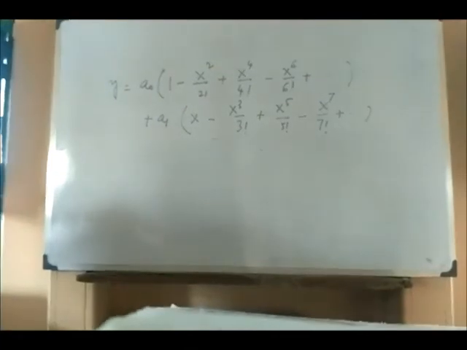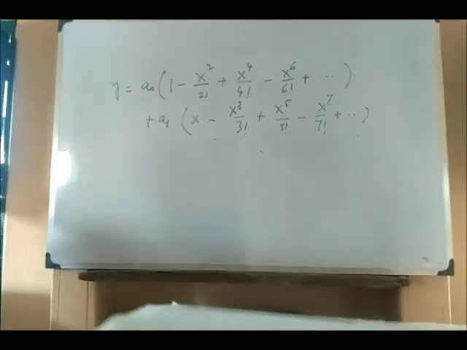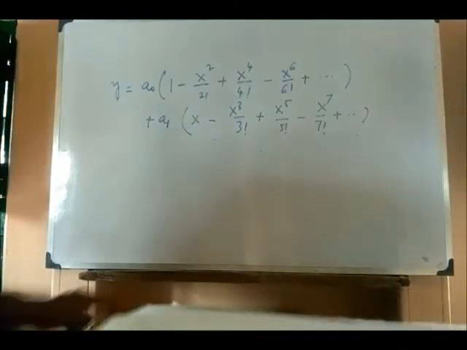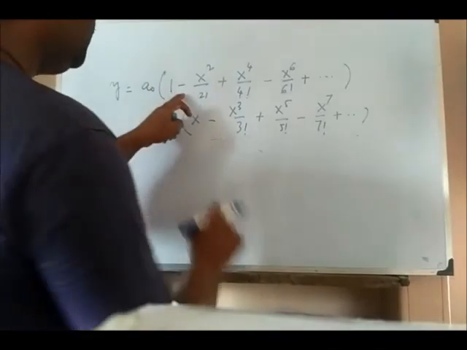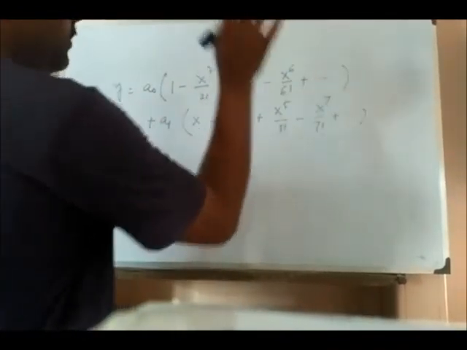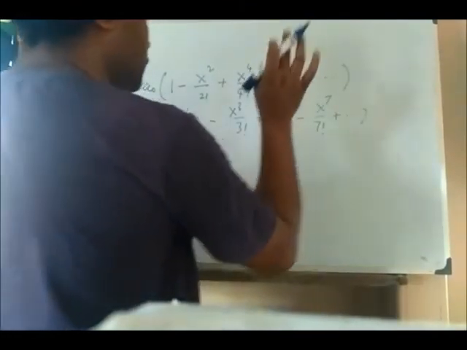So the sine and cosine series: what we will get is, of course, 1 minus x squared by factorial 2 plus x to the power 4 by factorial 4 minus x to the power 6 by factorial 6.